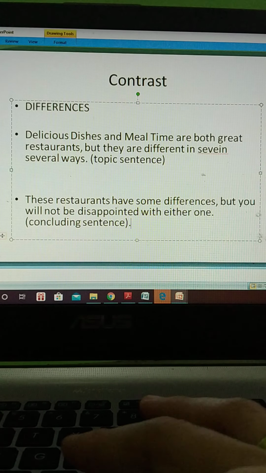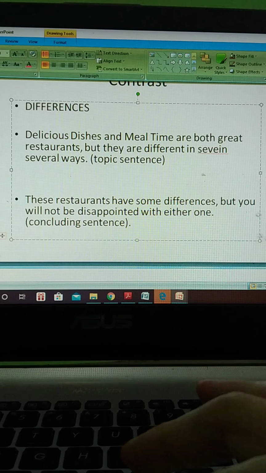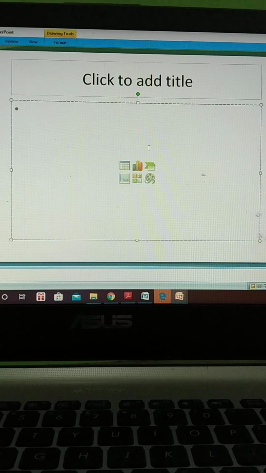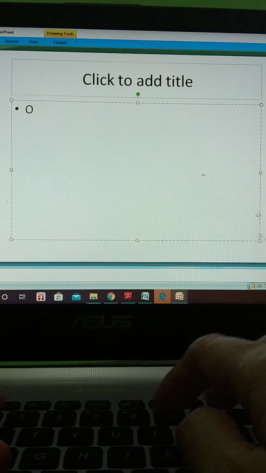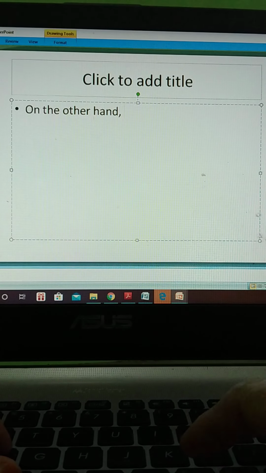Okay, now next, the most important thing, just like comparison, you need to know the expressions for that. On page 199, you can use on the other hand. Usually we put on the other hand at the beginning of a sentence.